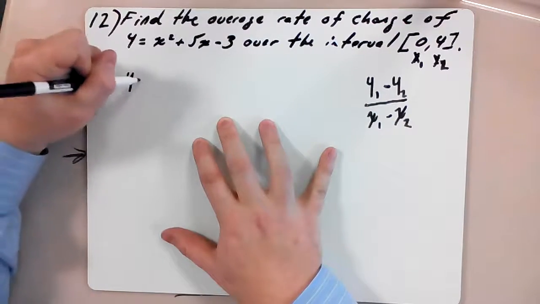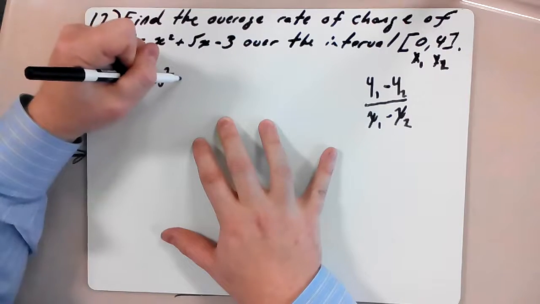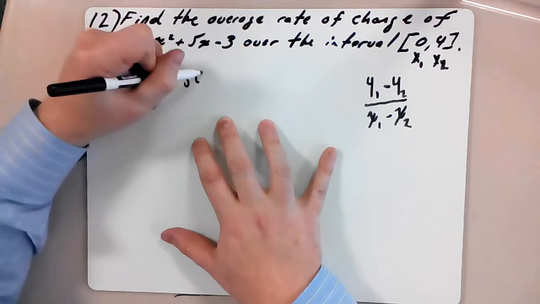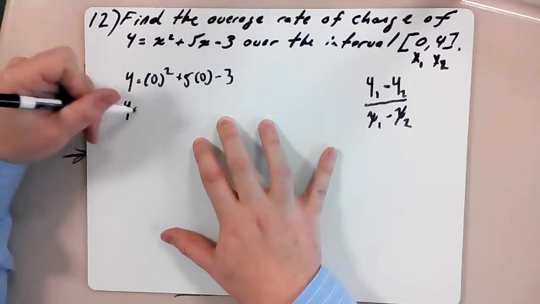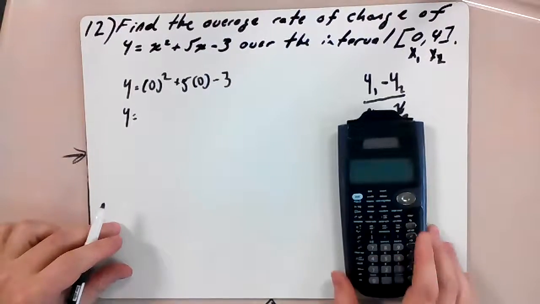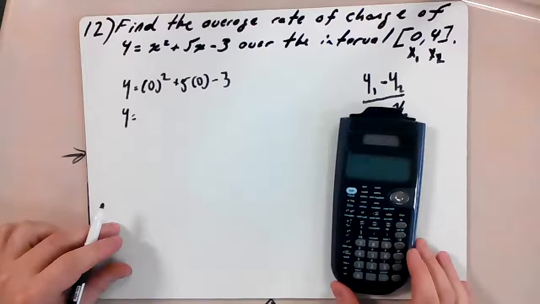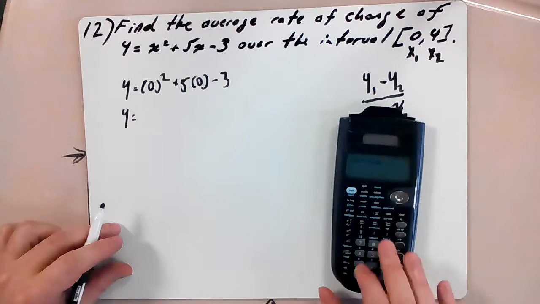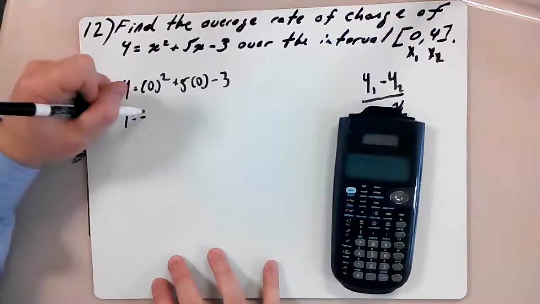So I'm going to have y equals 0 squared plus 5 times 0 minus 3. When I plug that into the calculator, I get 0 squared plus 5 times 0 minus 3. So that gives me negative 3.